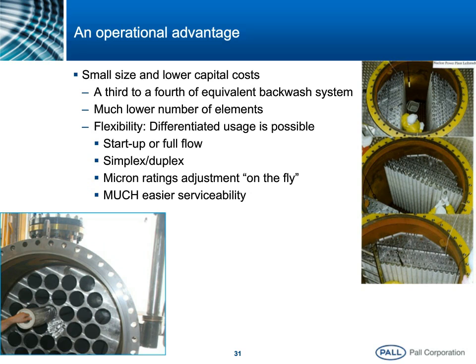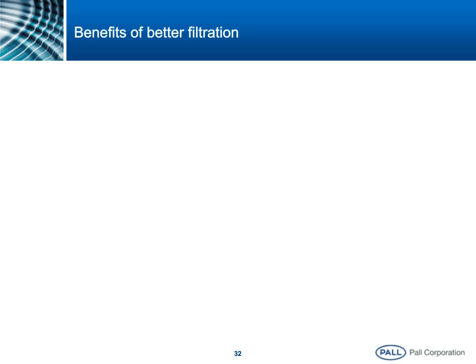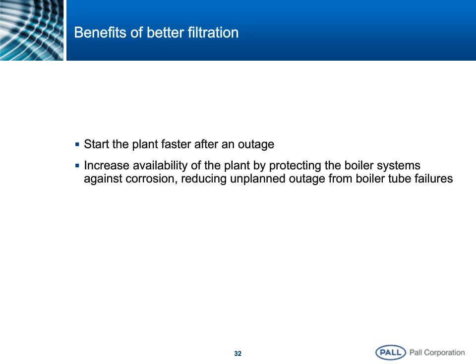So this next slide outlines the main benefits we expect from this type of better filtration. Obviously, the ability to start the plant faster by cleaning the water a lot faster and reaching our limits a lot faster. The increased availability of the plant, because it's all about protecting the boiler systems against corrosion, as we've seen earlier, and therefore reducing things like unplanned outages that could come from boiler tube failures.